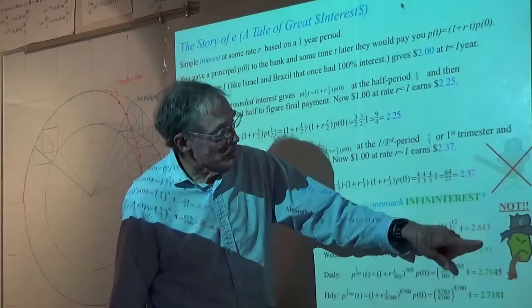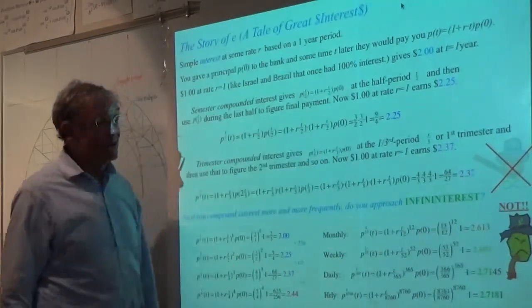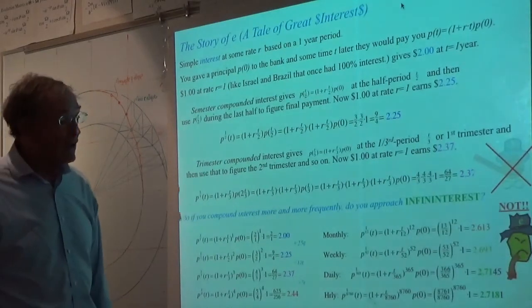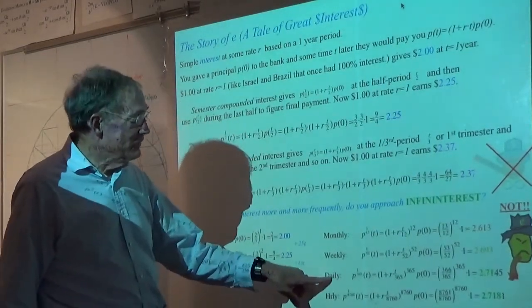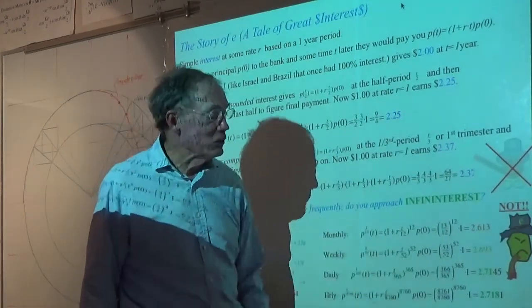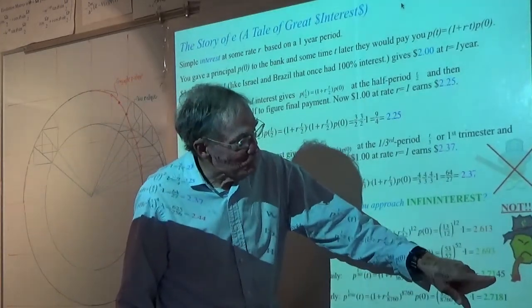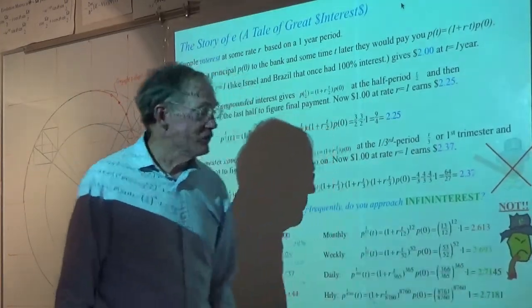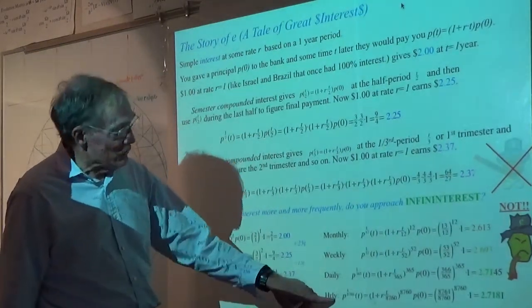Well, 61 goes to with all that change, I only pick up an extra 8 cents, and there's some change. And daily, 365 days of a non-leap year, and I'm getting $2.71 and change, millage.